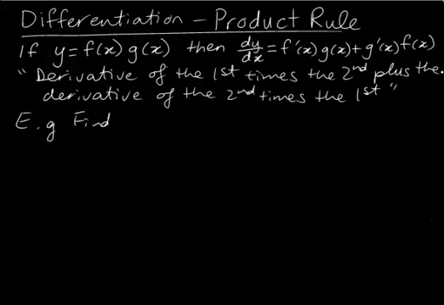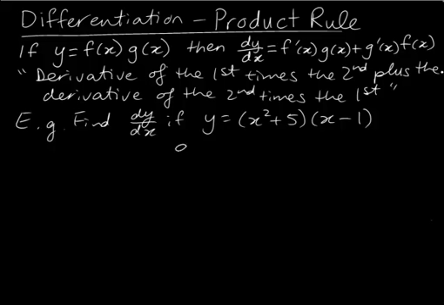Let's say we're asked to find the gradient function or the derivative dy dx if y is equal to x squared plus 5 multiplied by x take 1. So really I've got a product of a quadratic function and a linear function.